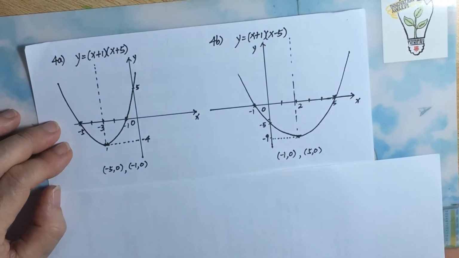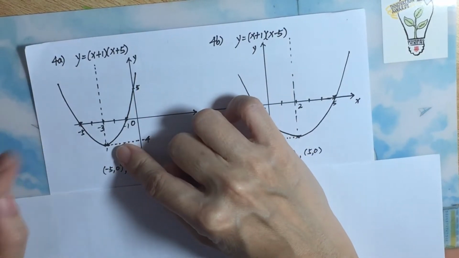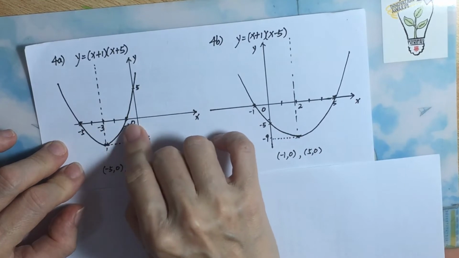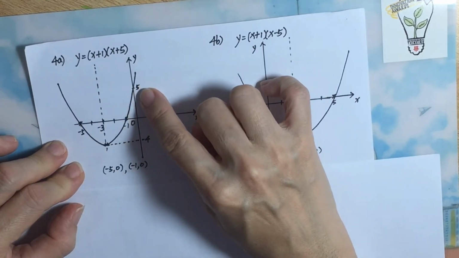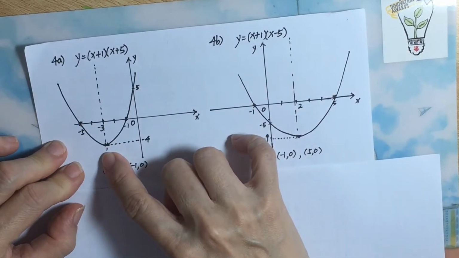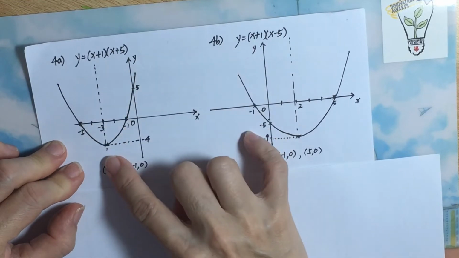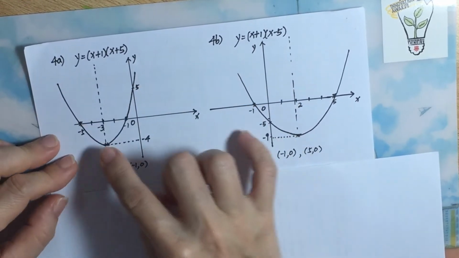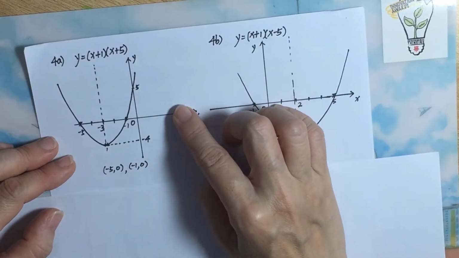You don't need so many points, but it's good to draw a graph with all the essential points: those on the x-axis, which are the x-intercepts, the point on the y-axis, which is also special, and the lowest point, the minimum point, whose values you can also find out. With these 4 points you can draw a very nice graph and know most of the information of the graph already.